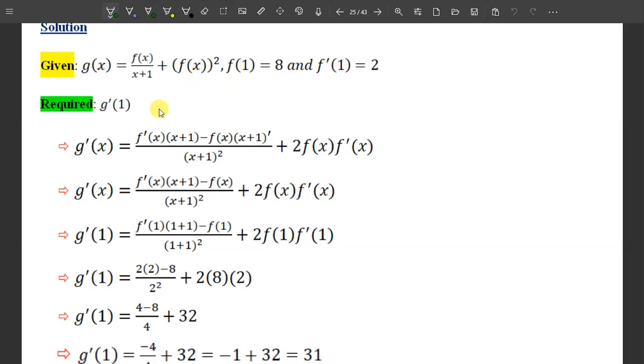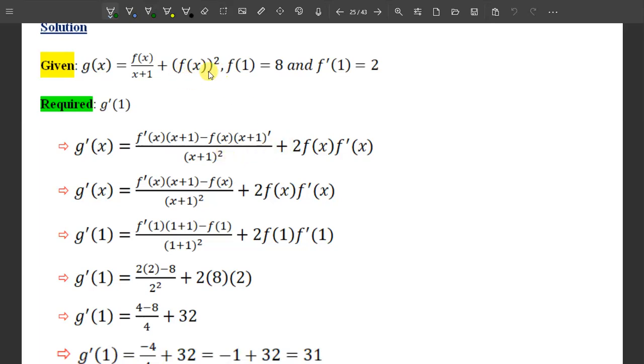The derivative of f of x over x plus 1 is, first, the derivative of f of x, multiplied by x plus 1, and then minus f of x times the derivative of x plus 1, over the square of the denominator, which is x plus 1 the whole square.